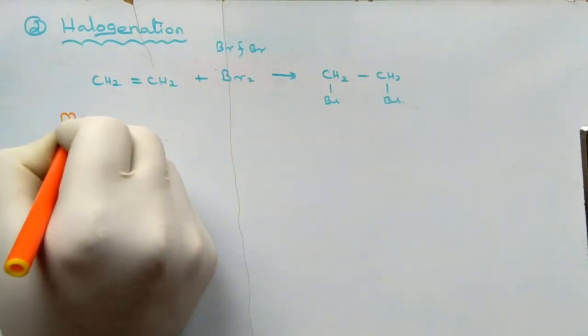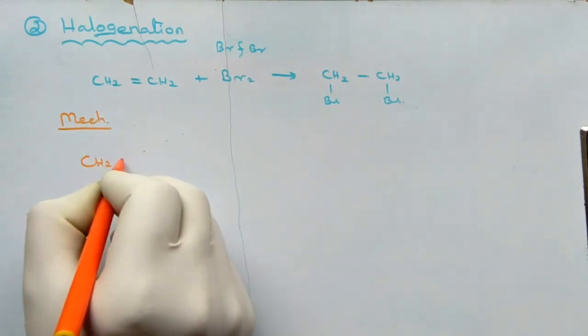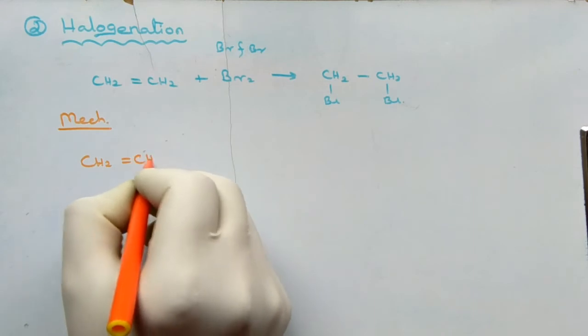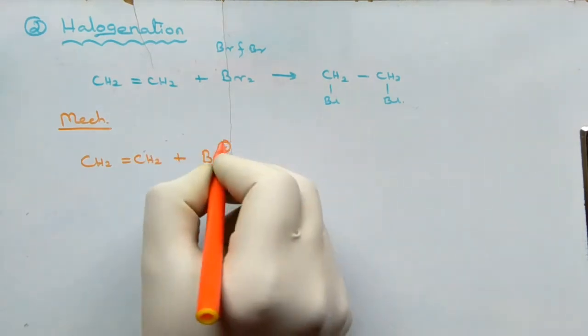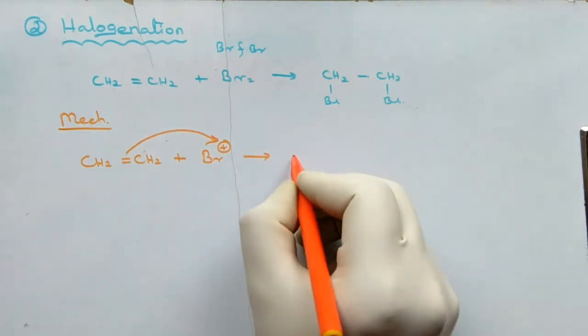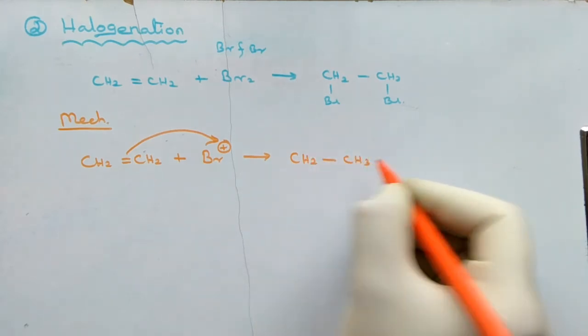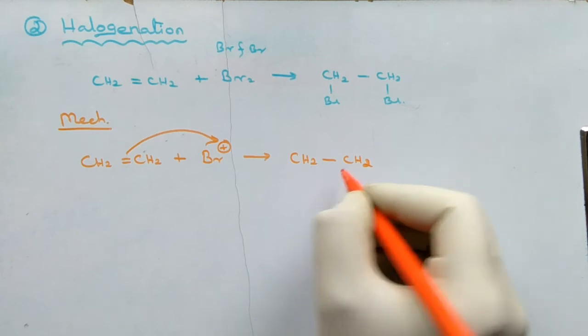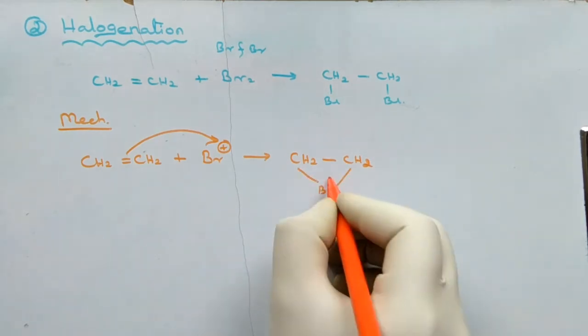Let's see the mechanism of this reaction. In the first step, ethene will attack the electrophile, that is Br plus. After attacking, we will get an intermediate, that is the bromonium ion.